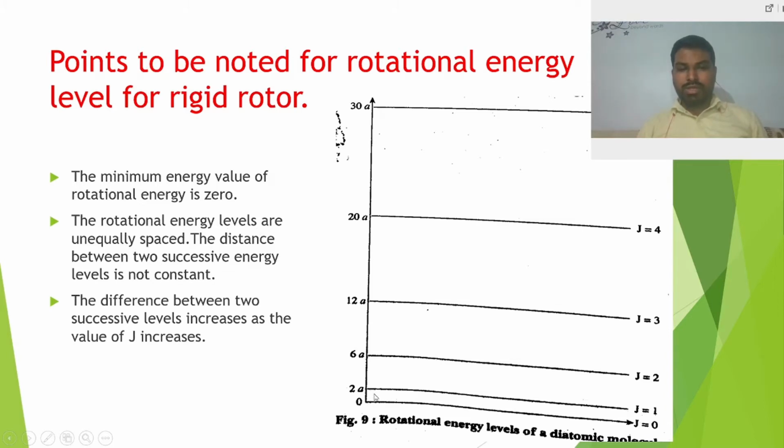See over here, the distance between two successive energy levels is not constant. The difference between two successive energy levels increases as the value of j increases. As we increase the value of j, that is j equals 0, 1, 2, 3, you will see that the successive energy levels go on increasing, meaning the gap between them goes on increasing.